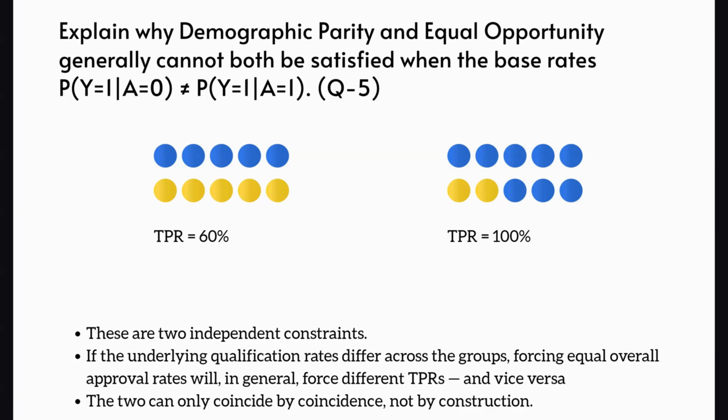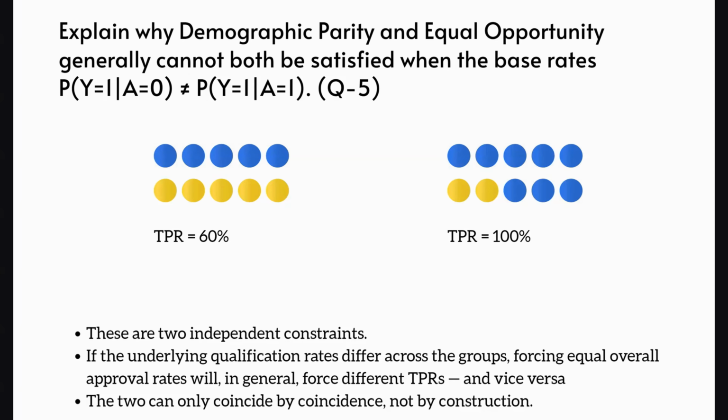You are not getting that. Getting this ideally the same would be a very big coincidence. Mathematically, arithmetically, it is not possible to get these two correct unless there is some coincidence, unless the two groups are exactly the same.